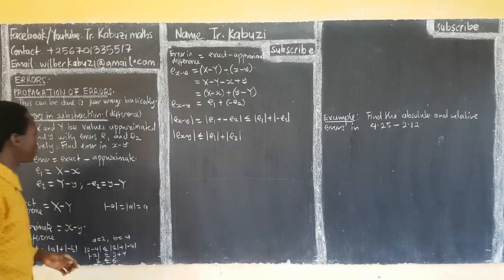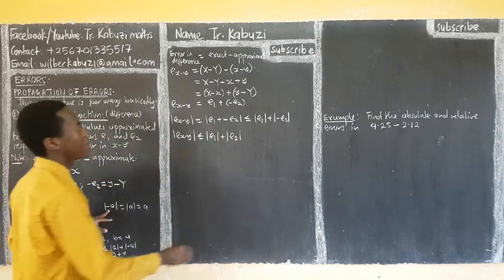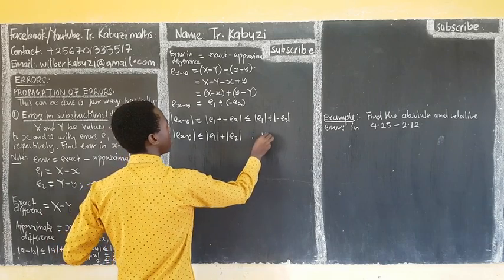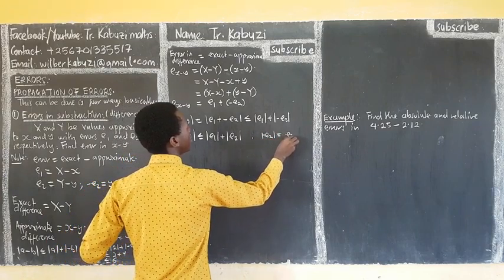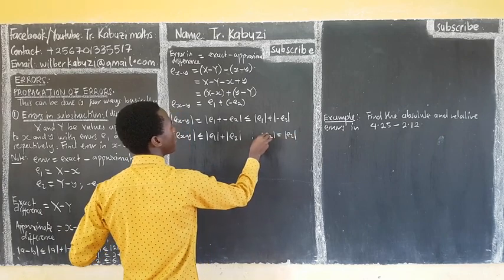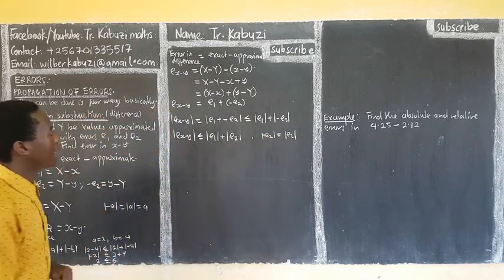Why is it now positive? Because of the idea that the modulus of a negative E2 is the same as the modulus of a positive E2. Remember that idea.